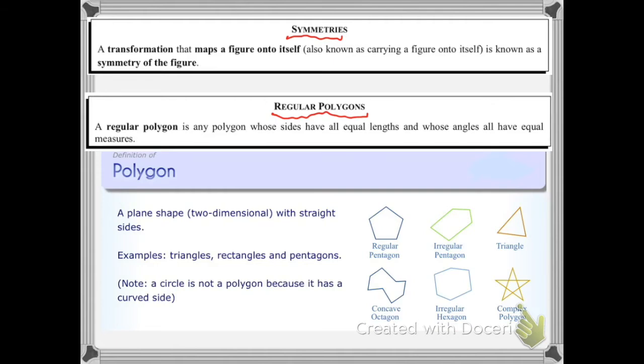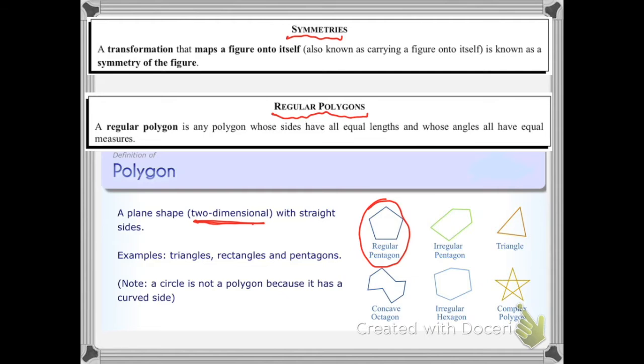Okay, so regular polygons. A regular polygon is a polygon whose sides have all equal lengths and whose angles have all equal measures. Okay, so an example of a regular polygon would be this here. It's because a polygon is just any two-dimensional shape with straight sides.